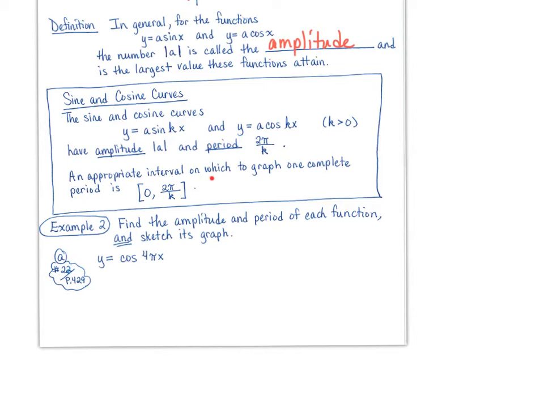An appropriate interval on which to graph one complete period is the closed interval 0 to 2 pi over k.